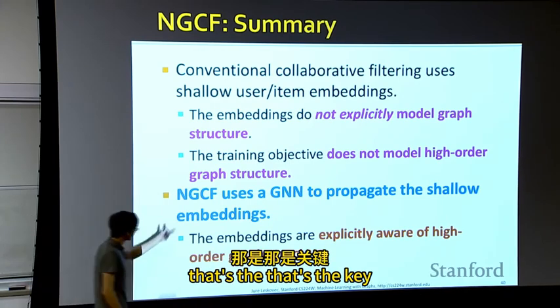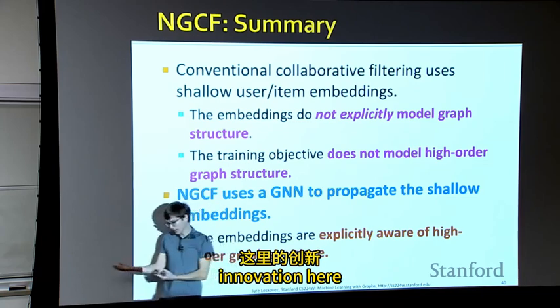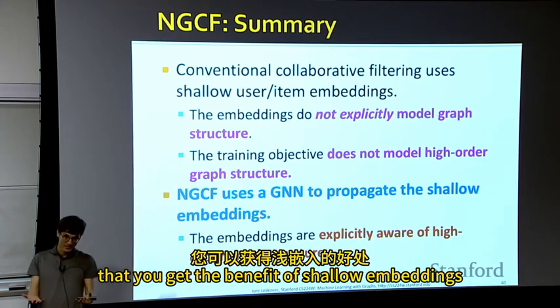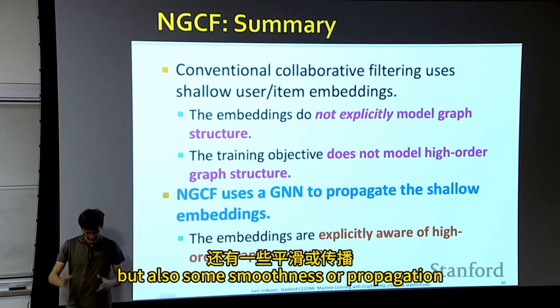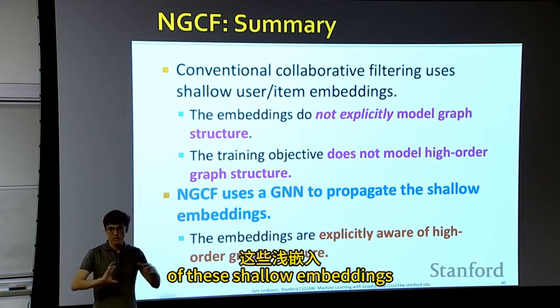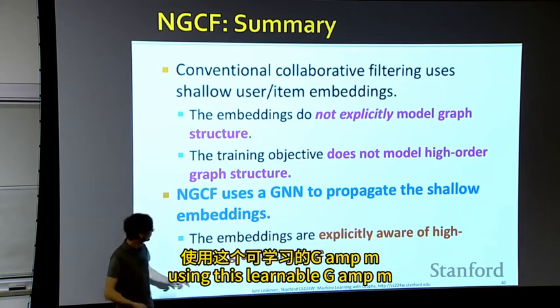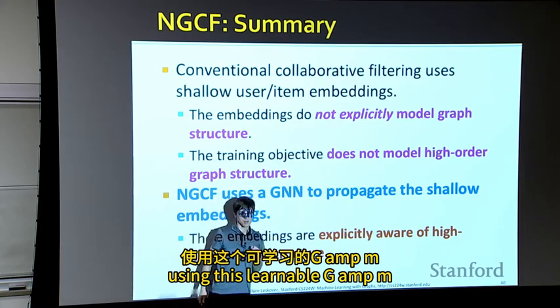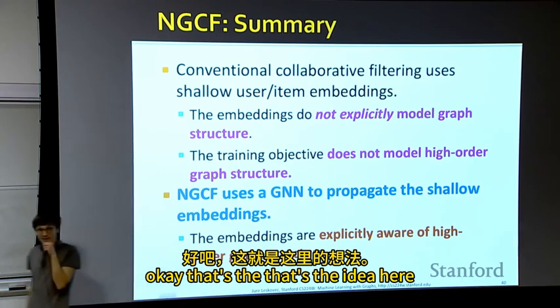That's the key innovation here, that you get the benefit of shallow embeddings, but also some smoothness or propagation of these shallow embeddings across the graph using this learnable GNN. Okay, that's the idea here.